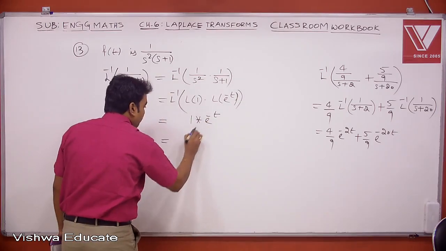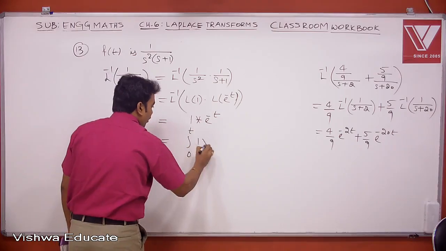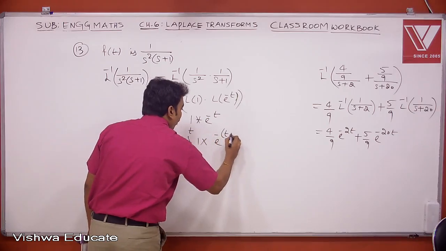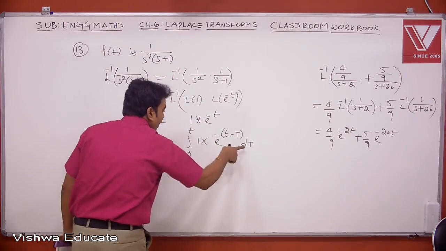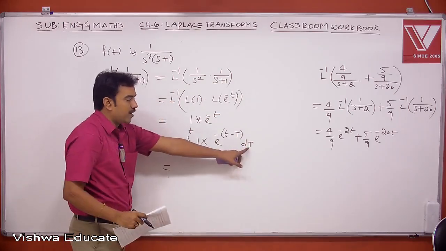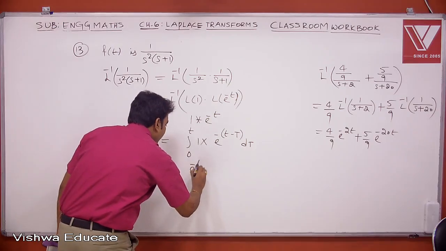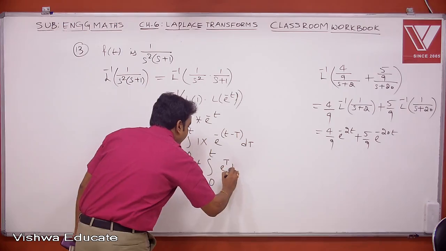So the convolution product is integral 0 to t, f of capital T, g of small t minus capital T, so e power minus of (small t minus capital T) into dT. Here we are doing integration with respect to capital T, so small t is a constant. So e power minus t you can take before the integral 0 to t into e power T dT.